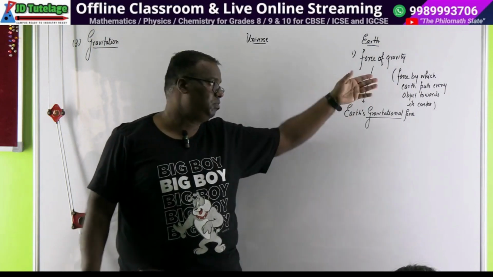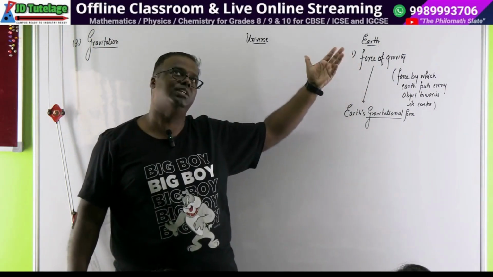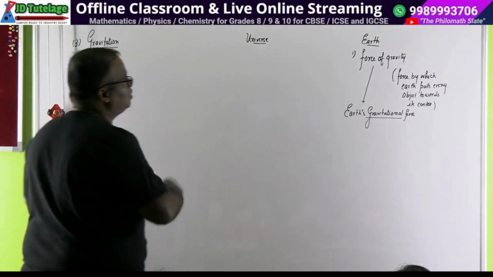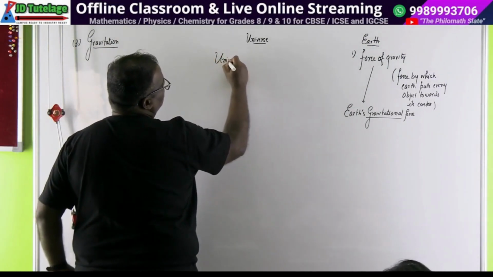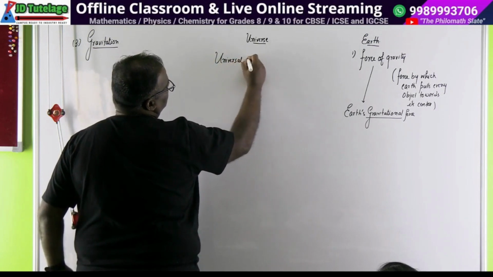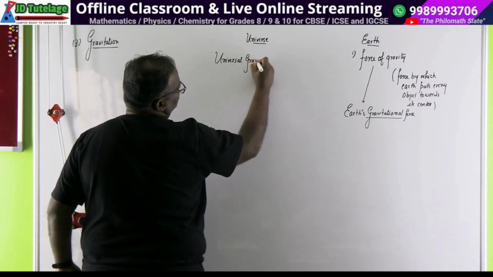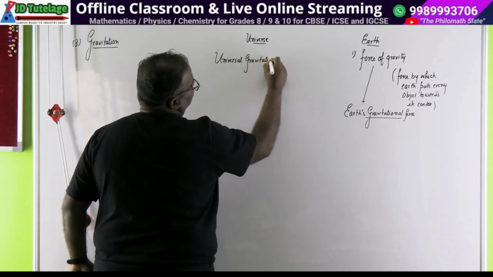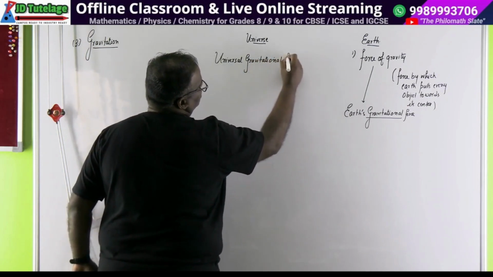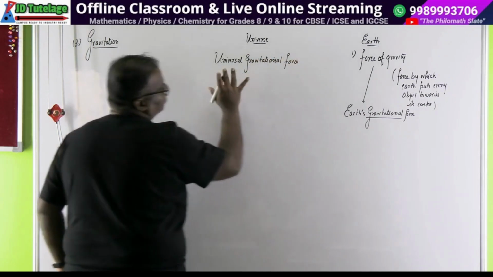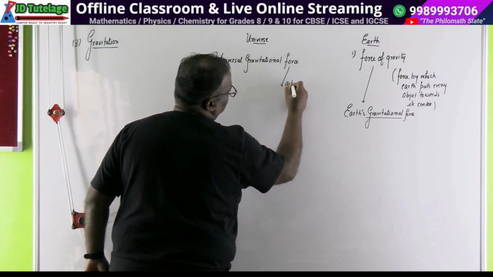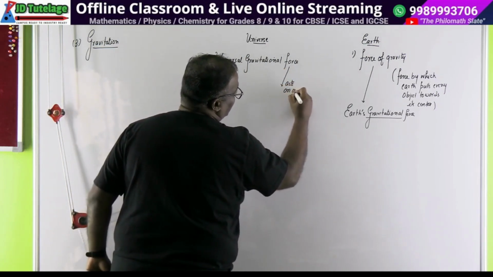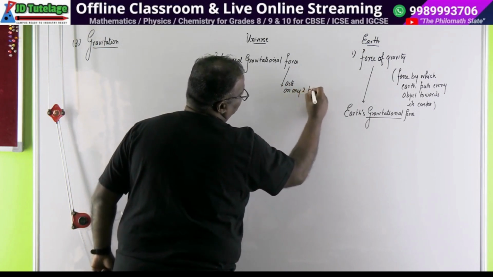This concept many people are still not clear on. Gravity, gravitation. And when you talk about the universe, then I would be talking about something called universal gravitational force. Now, this force acts on any two bodies.